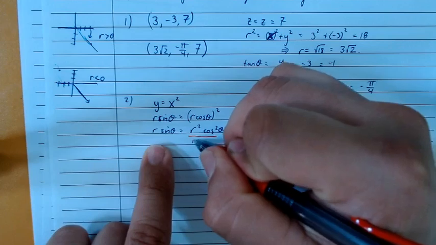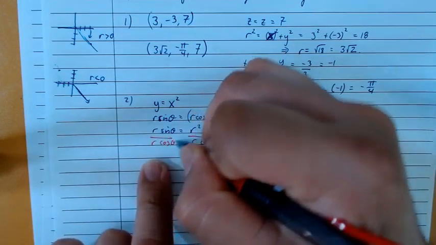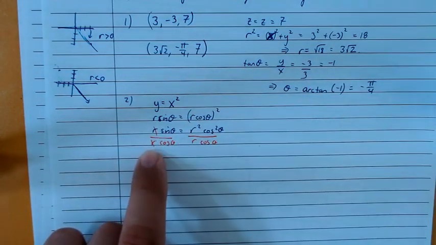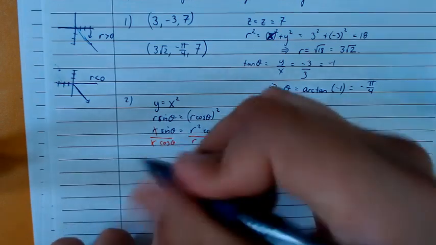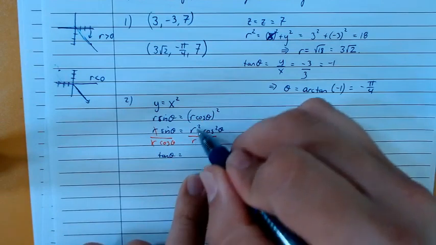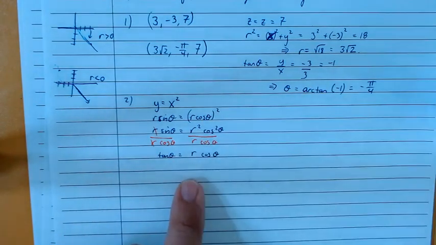So that would be over r cosine of theta. Here the r's divide away, and again, we're assuming that this is not 0. Sine of theta over cosine of theta would be tangent of theta, and this would be equal to r cosine of theta like this.